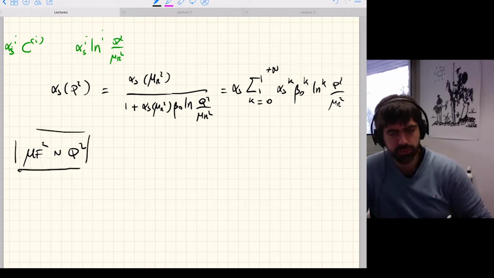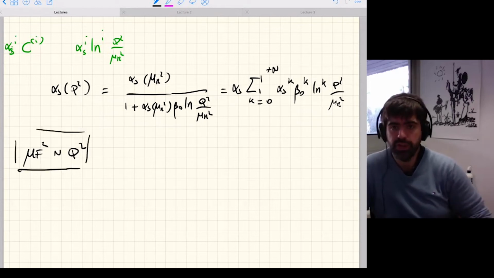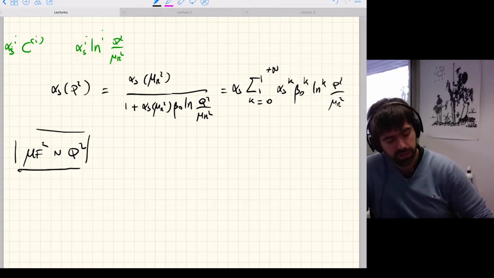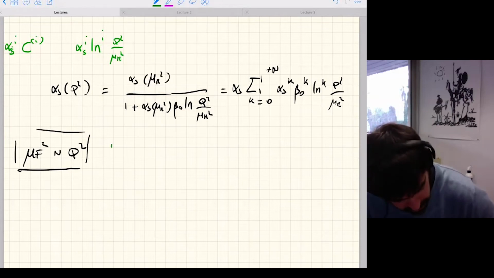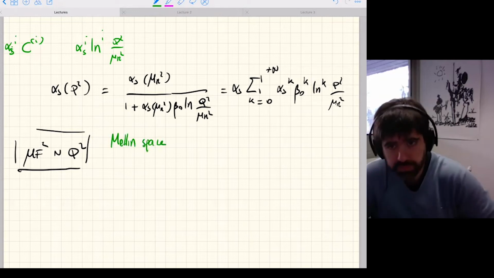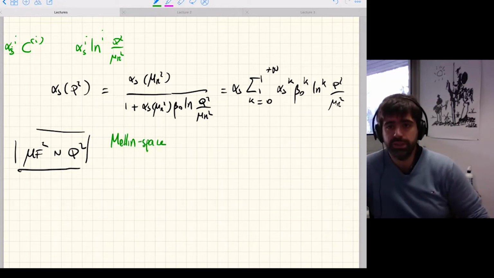We have to try and solve DGLAP evolution. Now, DGLAP evolution is mostly solved in a conjugate space, which is called the Mellin space. So what does Mellin space do for you?